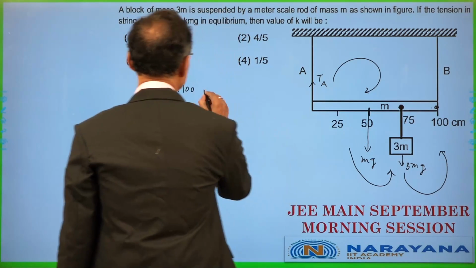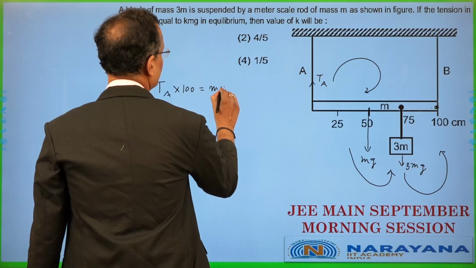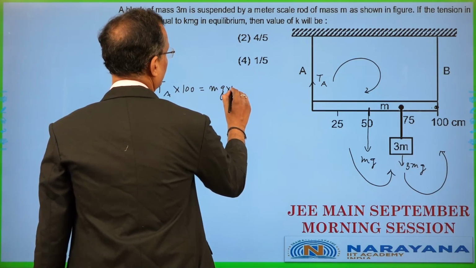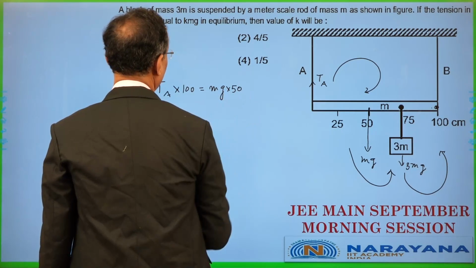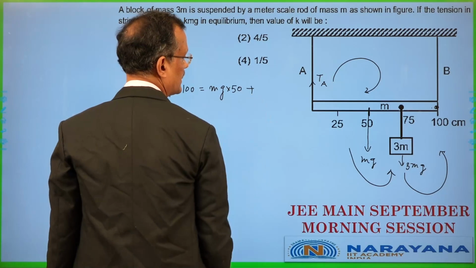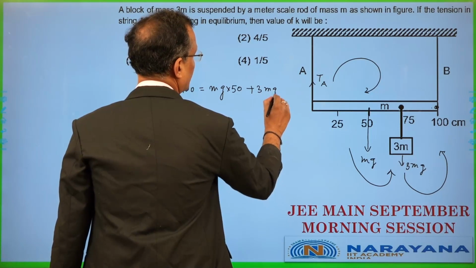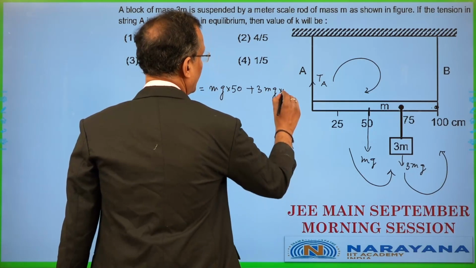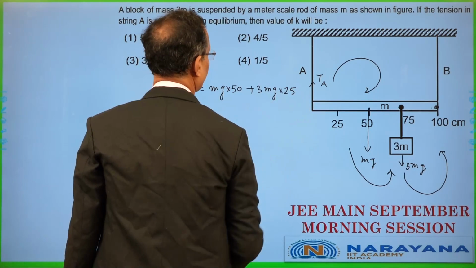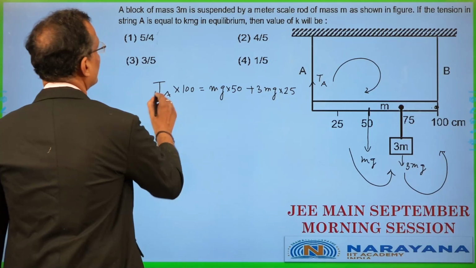Now go for mg. This is mg into 50 centimeter plus, here it is 3mg into 25 centimeter. So you want TA.